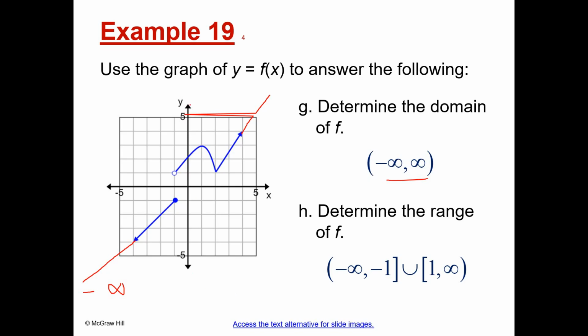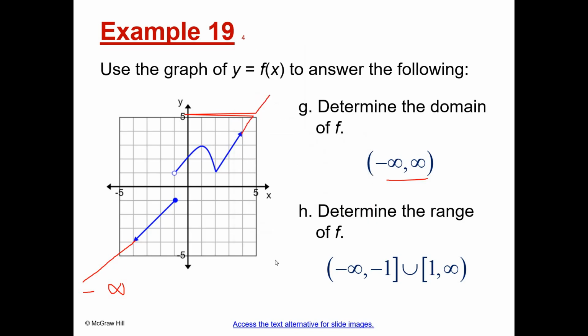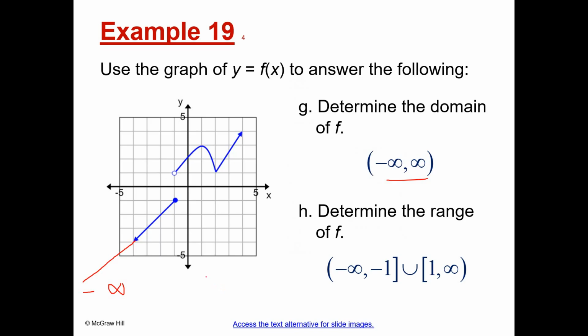As for the range, we look at the y-axis. Let's examine this. We start from below, from here, and we go in an upward direction. Since the function extends to minus infinity, we have all y values up to this point, and the function stops at this point, and we have a discontinuity.